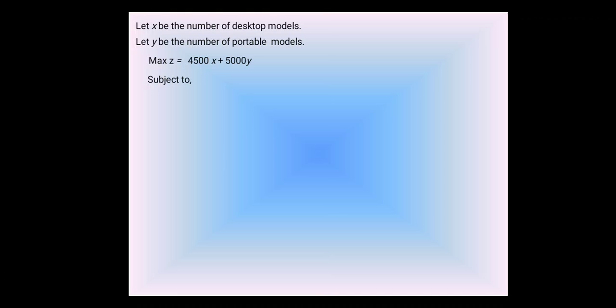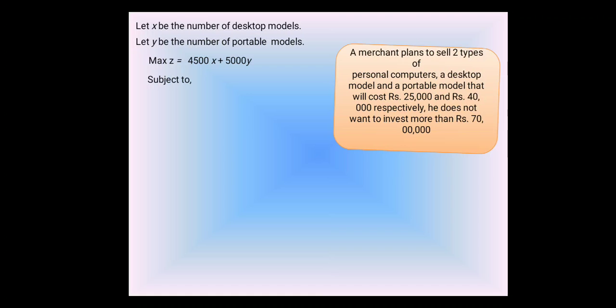Now we have to formulate the constraints from the data. A merchant plans to sell 2 types of personal computers, a desktop and a portable model, as we already saw. The costs of these 2 types of computers are 25,000 and 40,000 respectively, but the merchant does not want to invest more than 70 lakh.